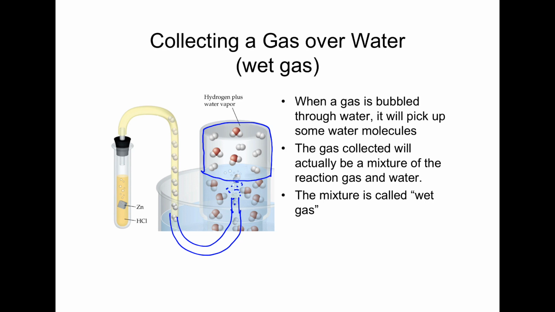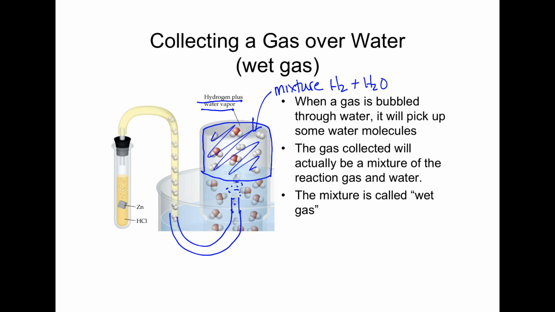It actually contains our hydrogen gas plus some water that it's picked up along the way. So this is a mixture of gases. And we can't stop that from happening. Anytime you bubble a gas through water, it's going to take some of it with it. So this is a mixture of hydrogen and water vapor. And because we have a mixture, now Dalton's law of partial pressures applies to this gas up here in the container.